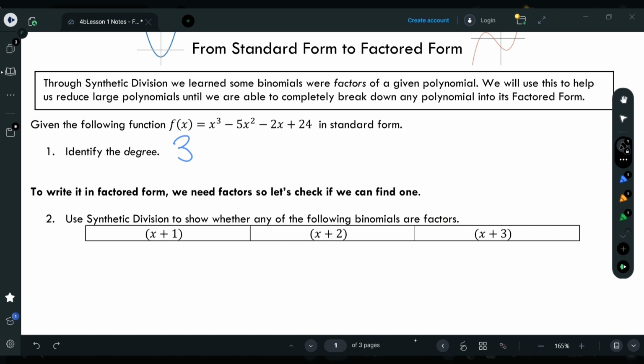Set up synthetic division. Change the sign on this, so that's going to go -1. Line up our coefficients up top. So let's see, that's a 1, -5, -2, 24.